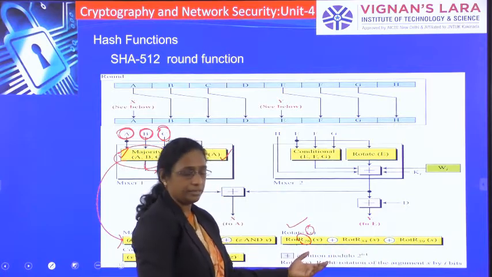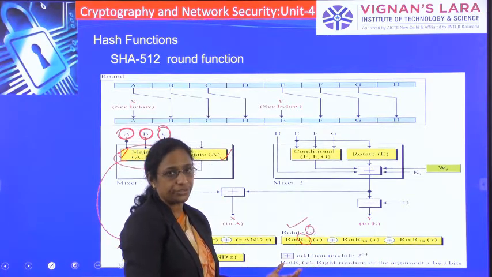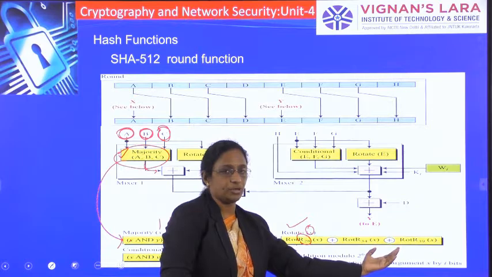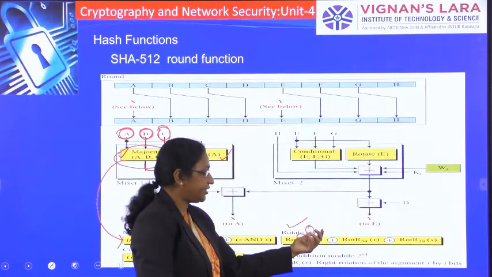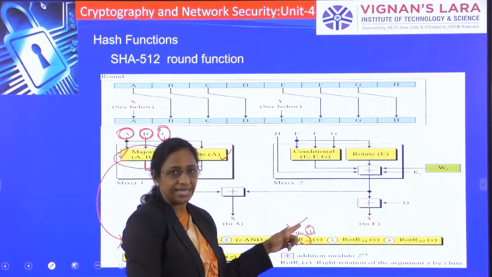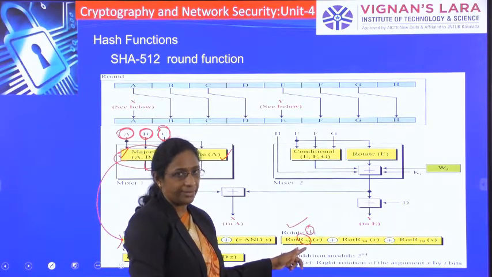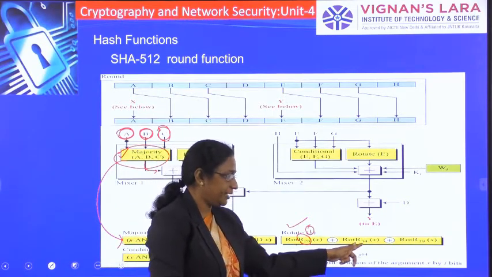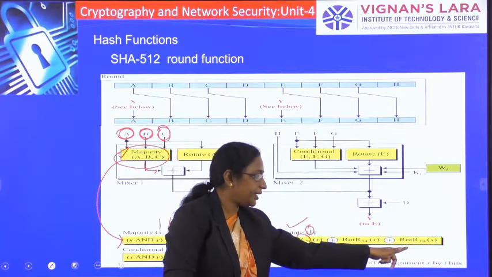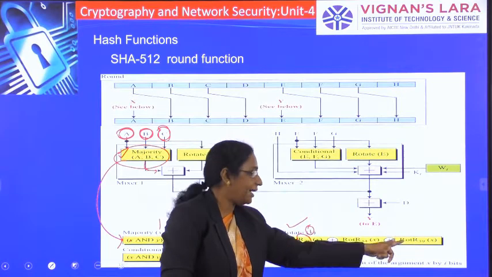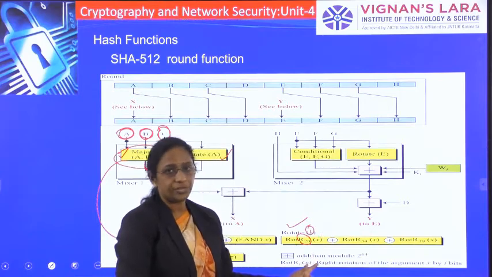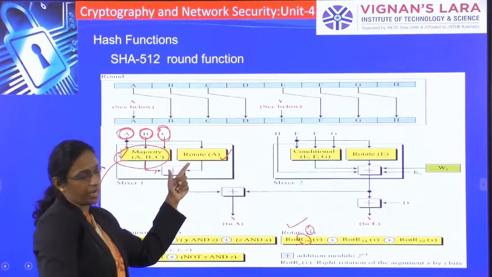After that, whatever results you are getting will be XORed. So the initial X value will be rotated right by 28 bits, rotated right by 34 bits, and rotated right by 39 bits, and then they are XORed. So that is the rotate operation.